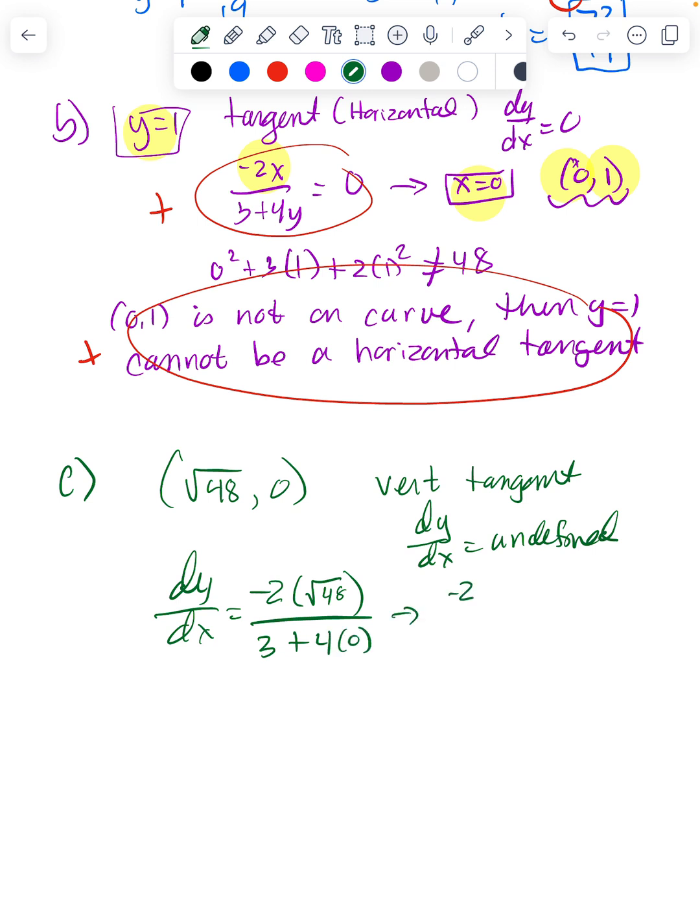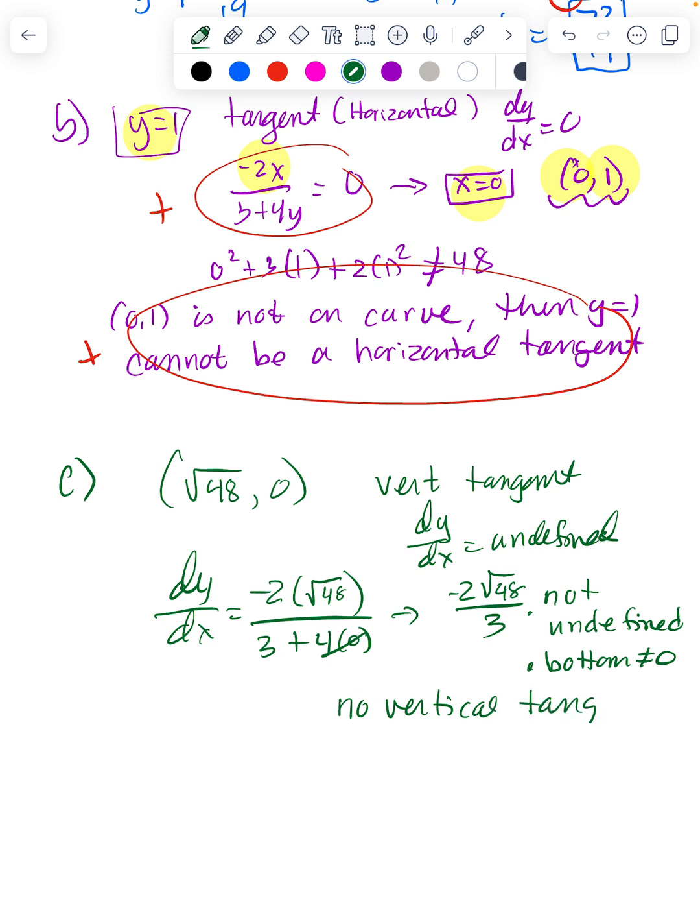So I end up with negative 2 root 48 all over 3, because that's literally nothing. This is not undefined because the bottom's not 0. So it's not undefined because the bottom is not equal to 0. And if it's not undefined, then there is no vertical tangent at that point.